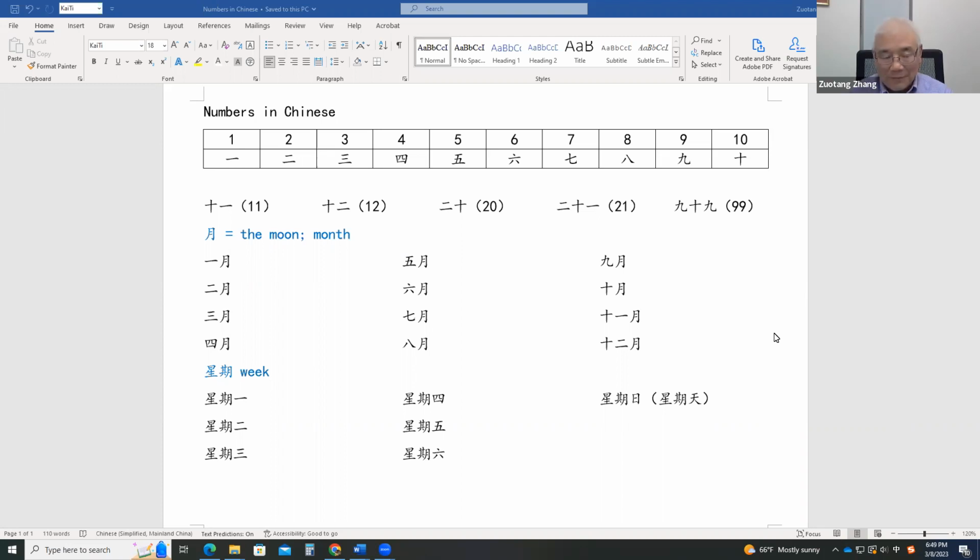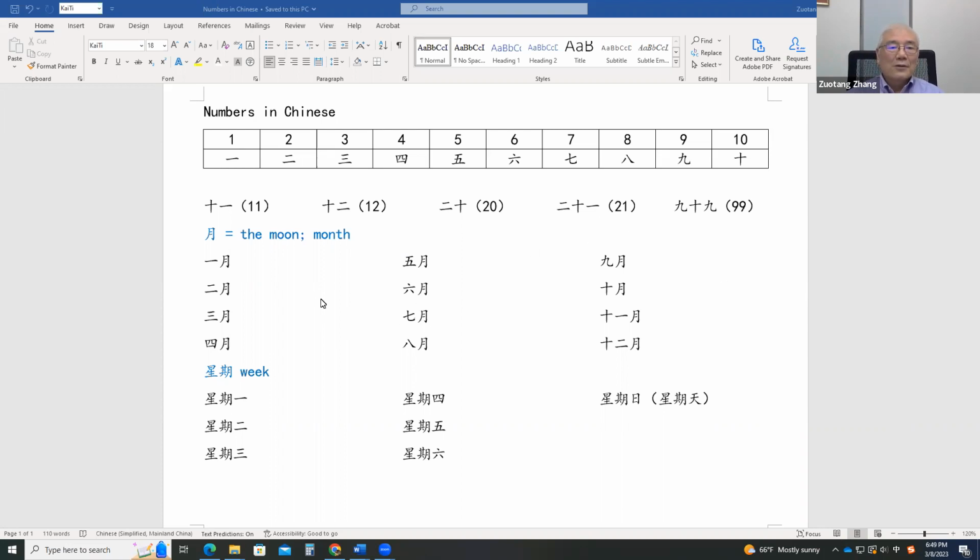For example, the names of months use numbers in Chinese, and the days in a week use numbers. And in the Chinese language, we have countless expressions, phrases, and idioms that have numbers in them, just several hundreds of them. Okay, you will see what I mean.